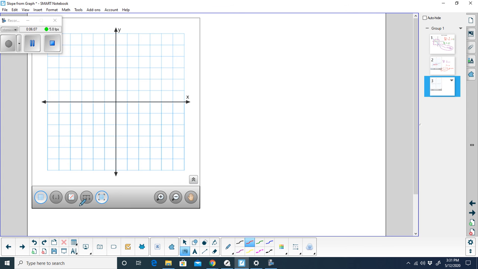What if I have a line that looks like this? From here to here, there's my line, okay? So let's talk about this in terms of rise over run, okay?